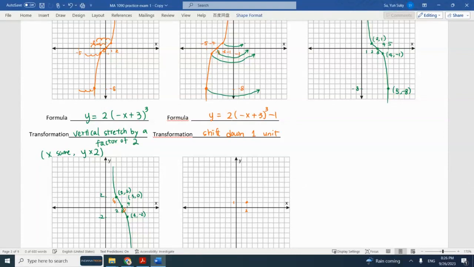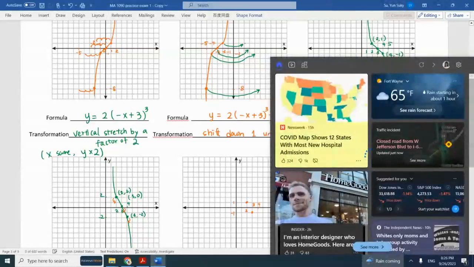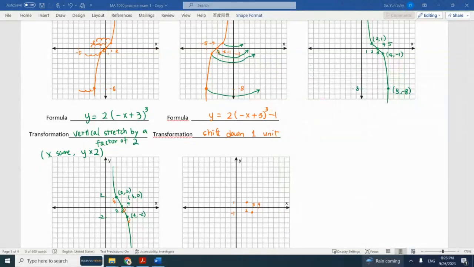The 3, 0 shift down by 1, it becomes 3, negative 1. And then the 4, negative 2 shift down by 1, it becomes 4, oops, negative 3. Okay, everybody? So, and then we connect them together. So this is the graph. And we finish the graph of this problem.